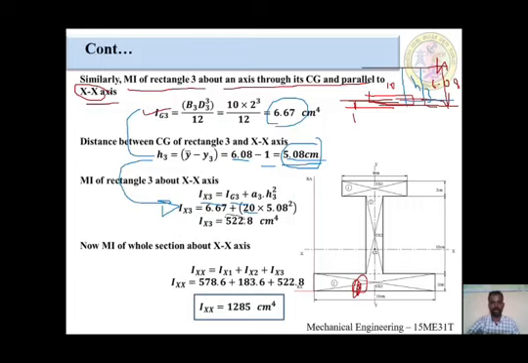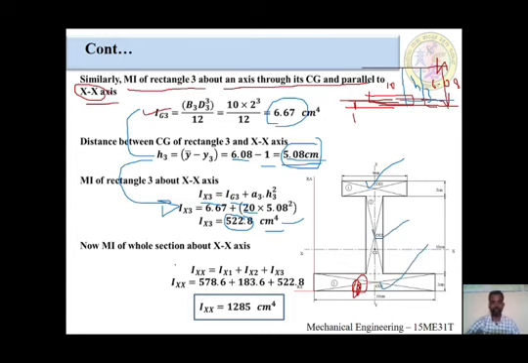After calculating, we will get 522.8 centimeter raised to 4. The unit of moment of inertia is centimeter raised to 4. This unit part is very important for getting good marks.